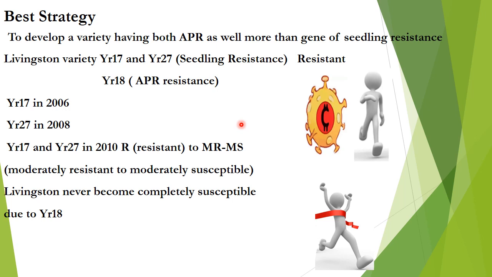Adult plant resistance is somehow associated with the environment and the age of the plant, while seedling resistance is not associated with the environment or the age of the plant, and it remains effective from the early part of life until the crop completes its life cycle.